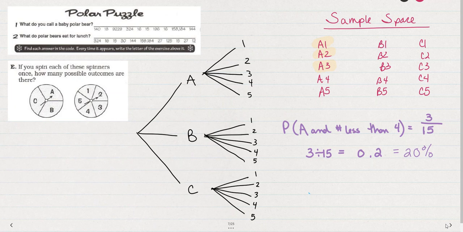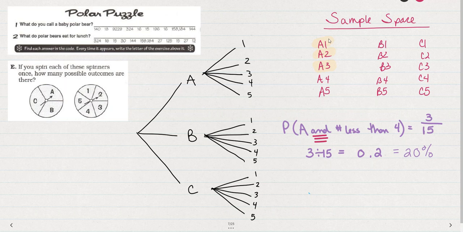What's the probability that if we selected one of these different items from the sample space, that it's got an A and a number less than 4? Well, one way to answer this question is to make the tree diagram, list the sample points in the sample space, and then look at how many favorable outcomes there are.